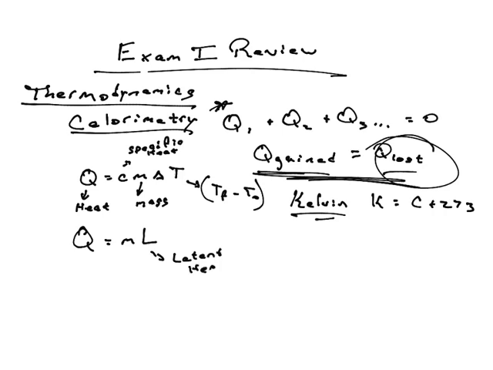And this is basically kind of like specific heat. It depends on the material. But it just says, if you have a kilogram of ice, it's going to take 334,000 joules of energy to melt that ice. Now, the whole time it's melting, it's not heating up, it's not getting warmer, it's still at 0 degrees.